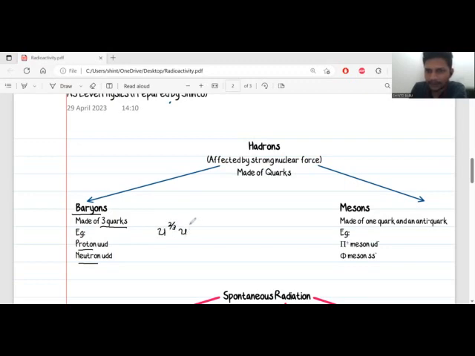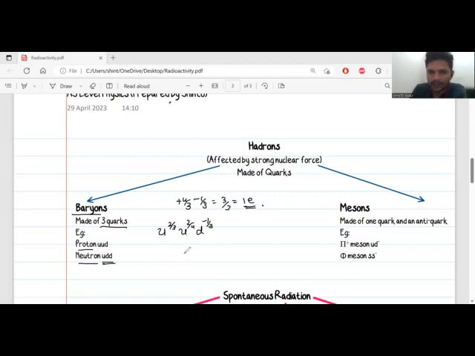So 2 U quarks make it +4/3, and a D quark having a charge of -1/3 makes it 3/3, that is 1 electronic charge.